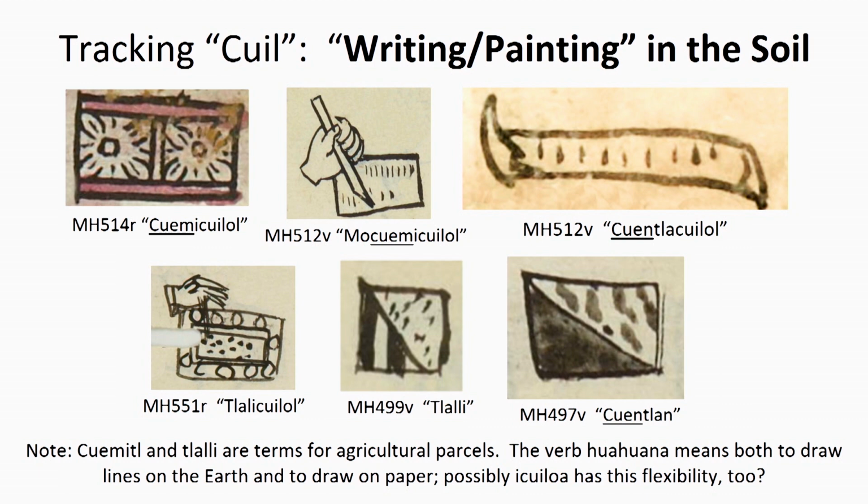We also find the quil component in writing and painting in the soil, and I think that's a kind of exciting thing to think about, that when you're an agriculturalist, which most Nahuas were, they're cultivating the land. Maybe they're making marks like digging furrows in the land. Apparently the term huahuana meant to both draw lines on the earth and to draw on paper.